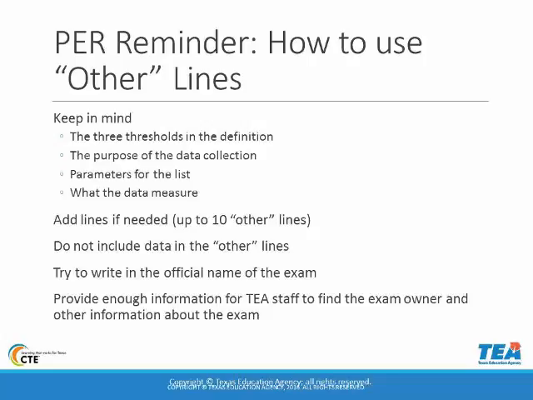We need enough information that when John or Dale or Diane or I go to looking for that license or certification on the internet, we can find it. And we'll be able to determine who the vendor is and how to use that information. So that's very important. Provide enough information for the TEA staff to find the exam owner and the information that we need.